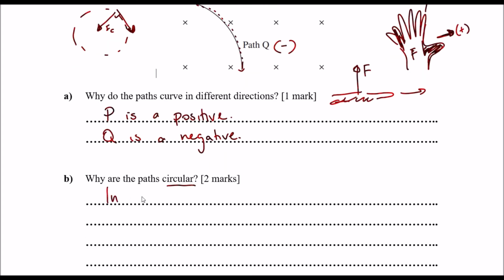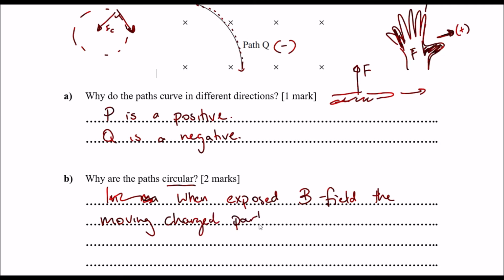So that's what we can actually say. When exposed to a magnetic field, we can write a B field. The moving charged particle experiences a force perpendicular to its motion.